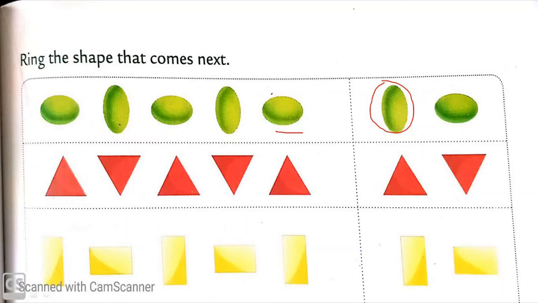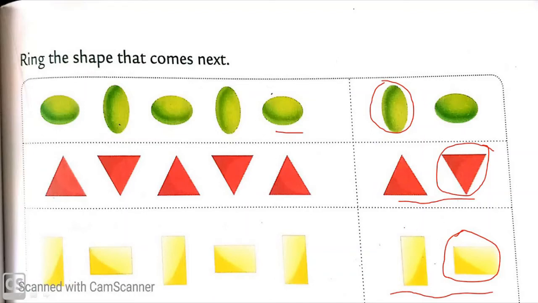After observing this pattern, look, this is upside, downside, up, down, up. So among these two triangles, which will come? Yes, we have to ring around this. Okay. Now observe this pattern. Rectangle, square, rectangle, square, rectangle. What will come next among these two shapes? Yes, you are right. Square will come. Okay.